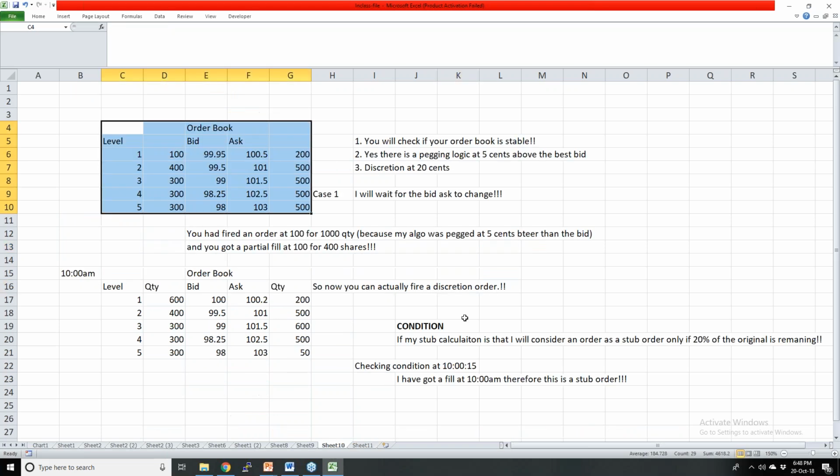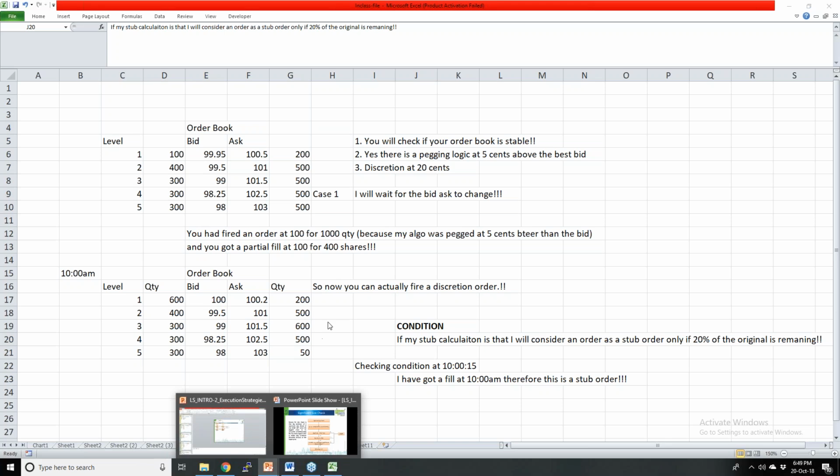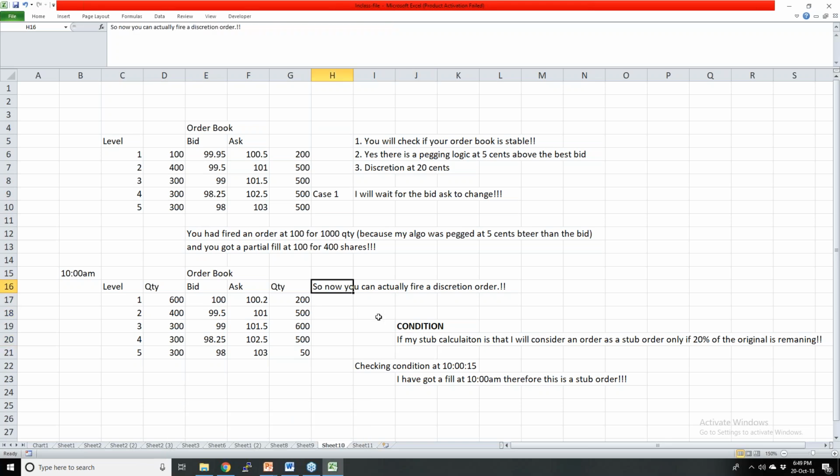Okay, there's a question about stub: if I won't trade unless I get filled 80% of my order. No, I'm just saying that you can calculate your stub order through your different logics. It's up to you what logic you might want to use. Say your logic was that I will consider an order as a stub order only if 20% of the original is remaining.